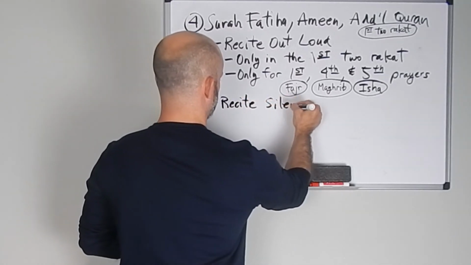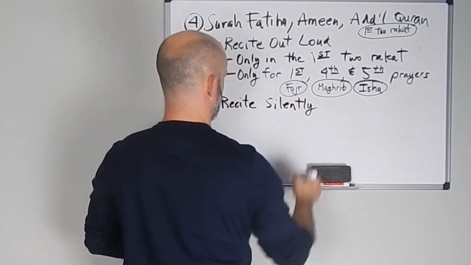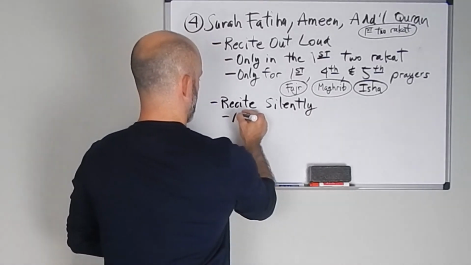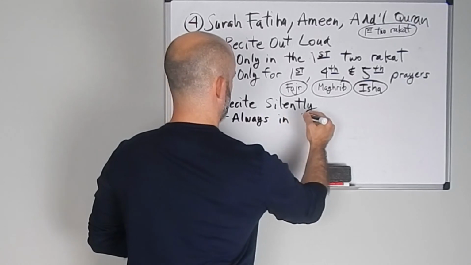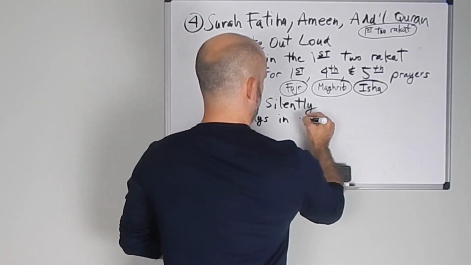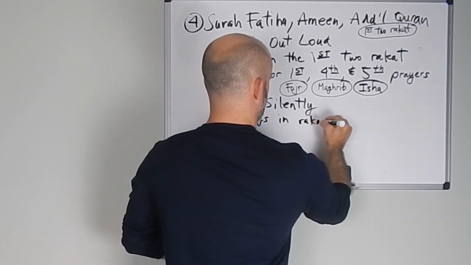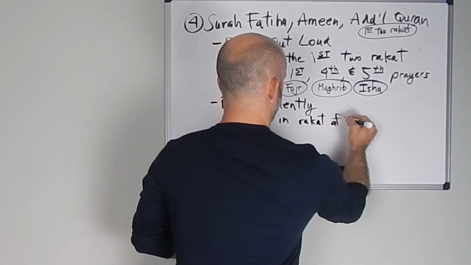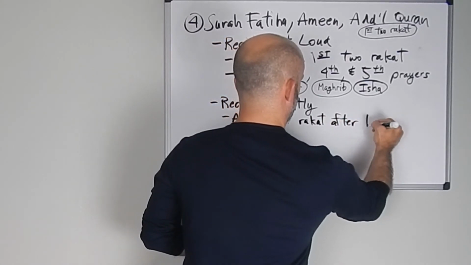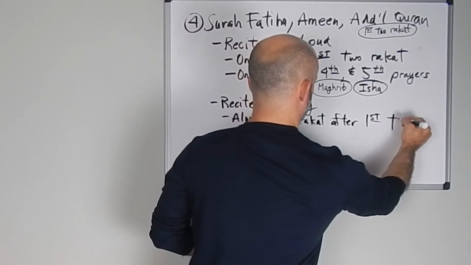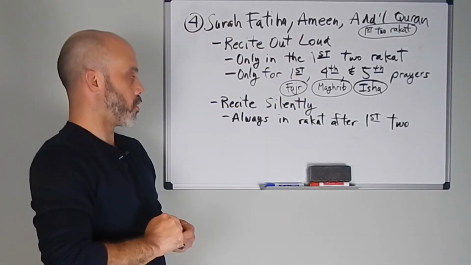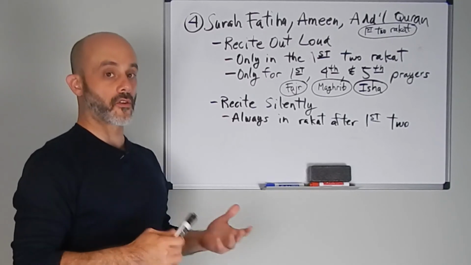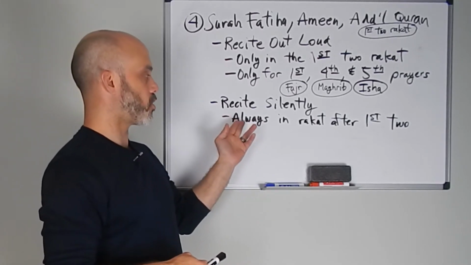silently? Always in rakat after the first 2. So if you're reciting the 3rd or the 4th, then it's always silent.